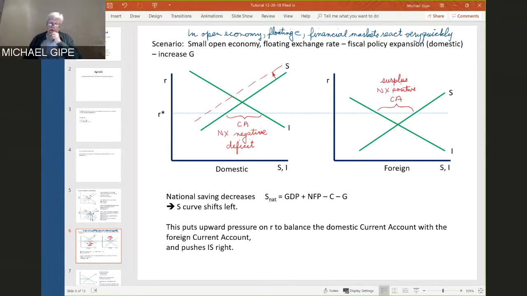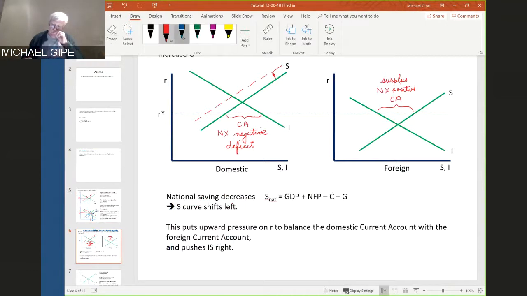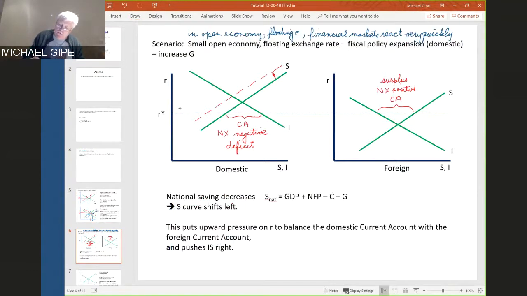So what we're doing here is we're going to move our savings curve to the left, and normally what you would expect to see is an increase in that world interest rate in order to bring the current accounts into balance.